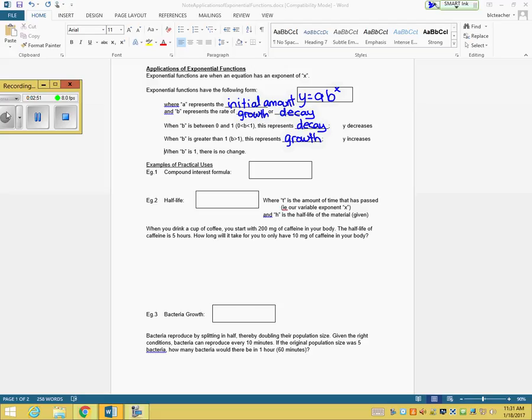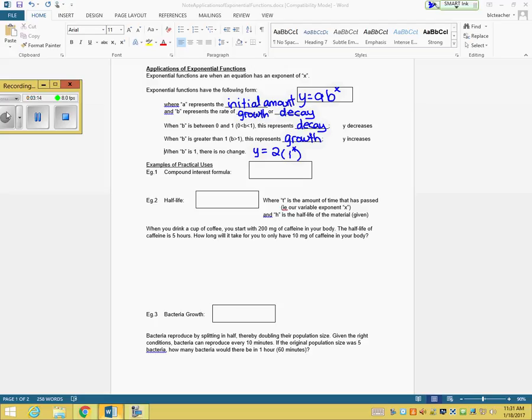If b is 1, though, you're going to have no change. And we can see that by looking at this for a second. If we have y equals, let's just say we start with 2 of anything, but you have 1 to the power of x over here. 1 to the power of anything is still going to give you 1.